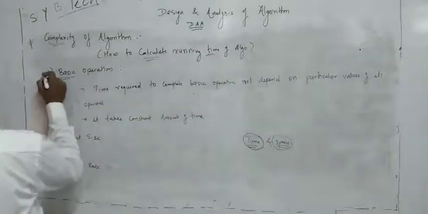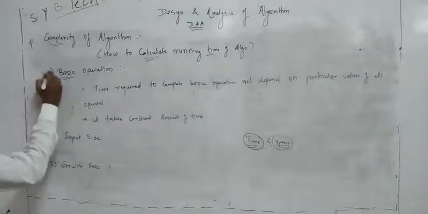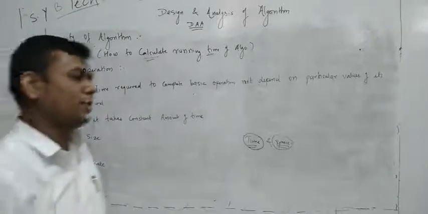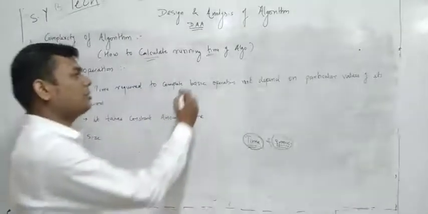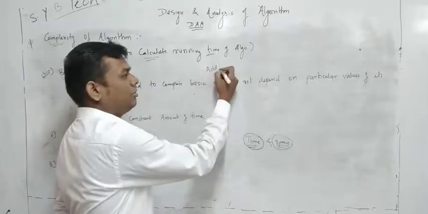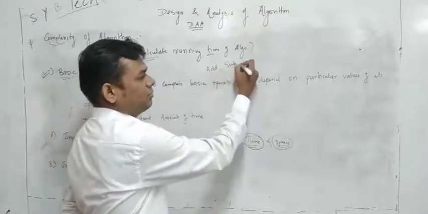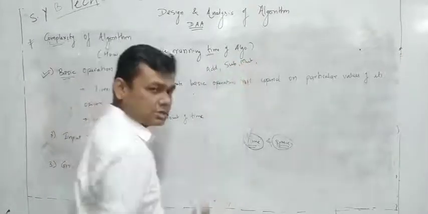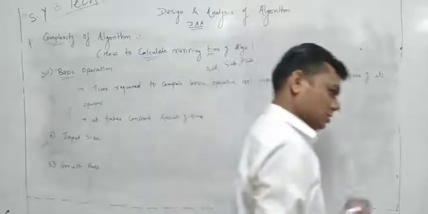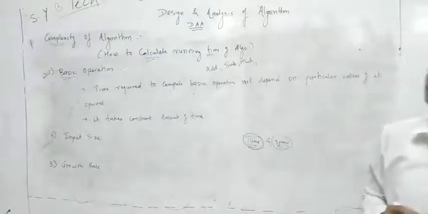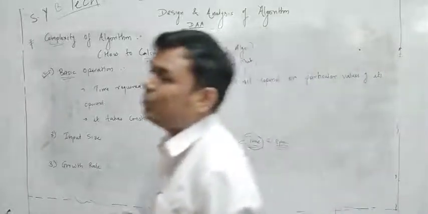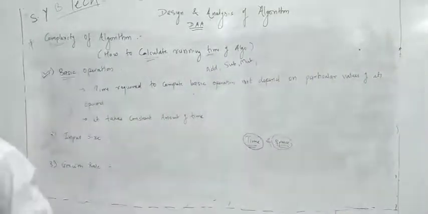First of all, to solve the program we have to perform some basic operations, for example addition, subtraction, multiplication, logical and, logical or, not, etc. How do we calculate the time complexity for the basic operations?